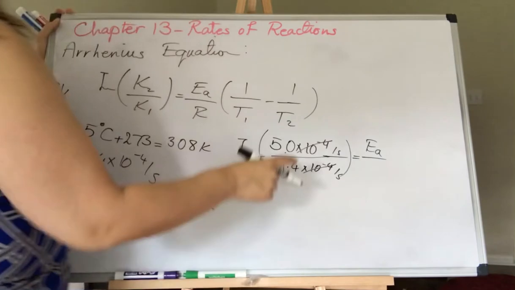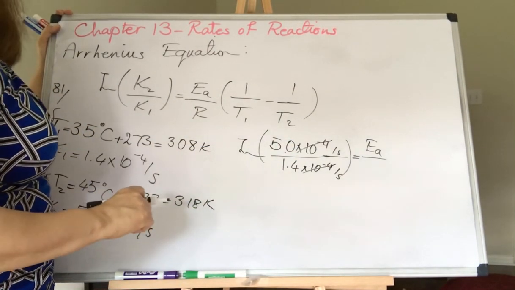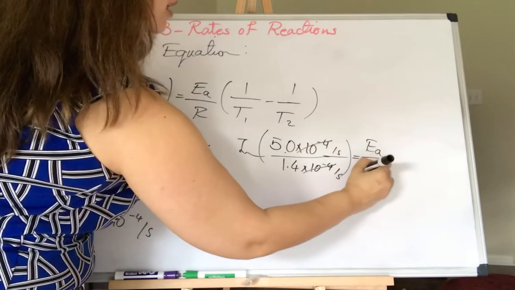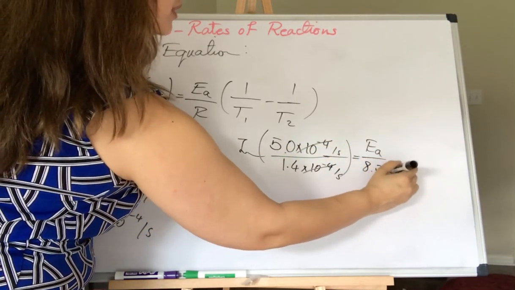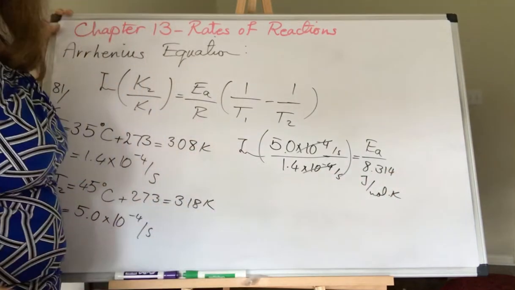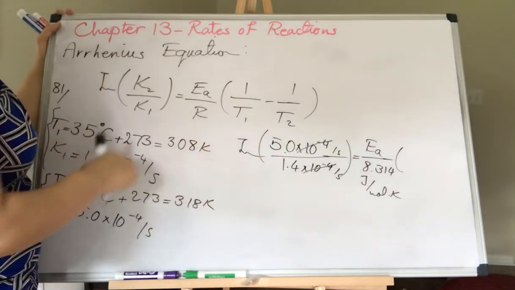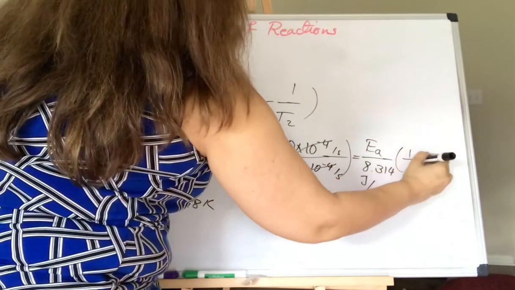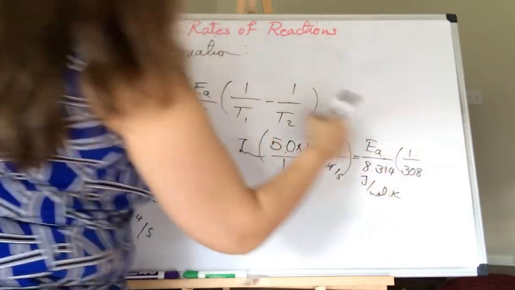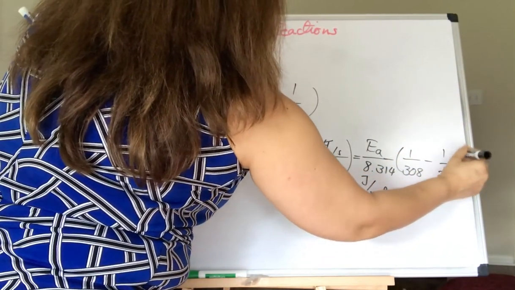And be careful, you're dealing with energy and the unit is joule. So the value of R is 8.314 joule per mole Kelvin. Then 1 over T1, which is 1 over 308, minus 1 over 318.